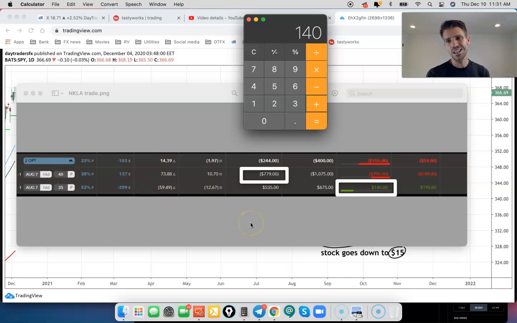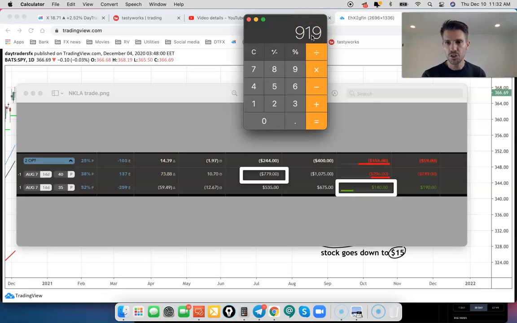And we're saying, well, kind of, because we got $140 here, plus we get to keep all this money, $779, because if we get assigned the stock, then we keep every penny of this $779. So 140 plus 779 equals $919.